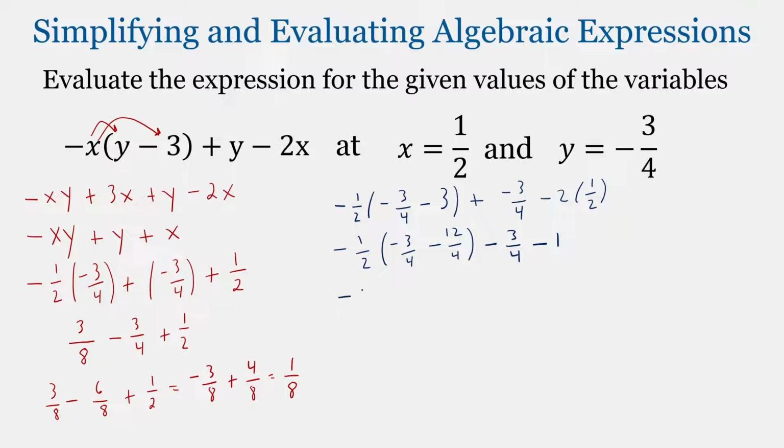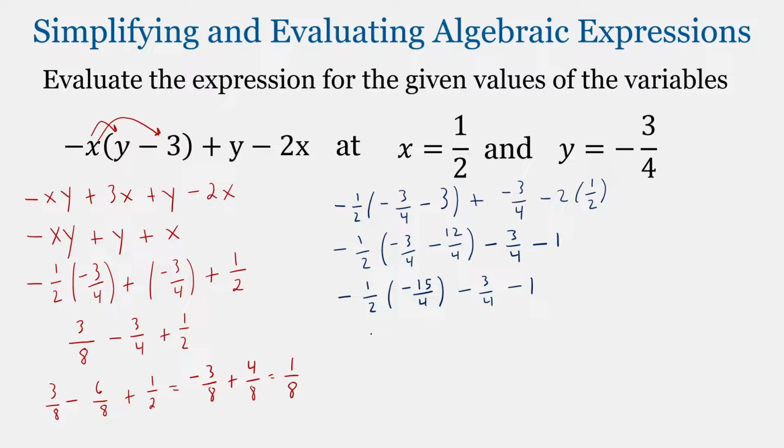We'll add what's in the parentheses, so negative 1/2. Negative 3 minus 12, well, that's negative 15 over 4. Minus 3/4. Minus 1.